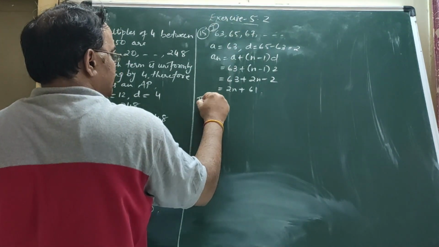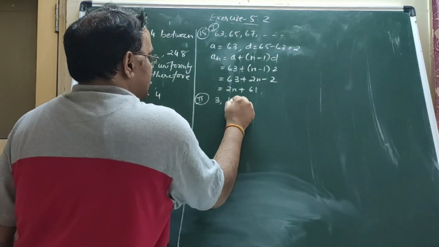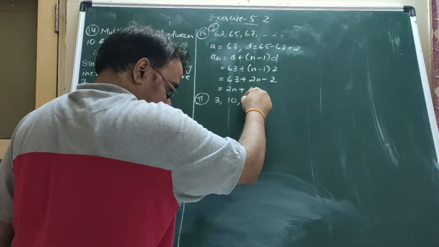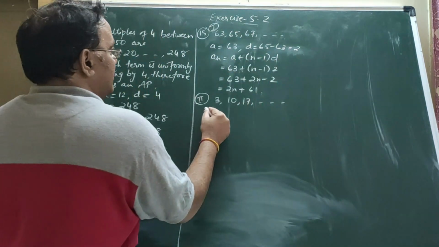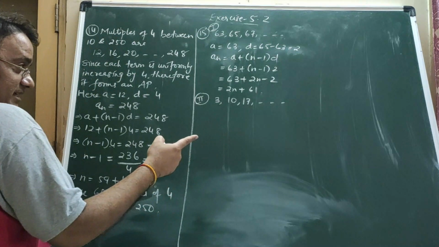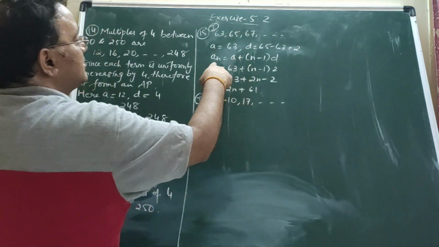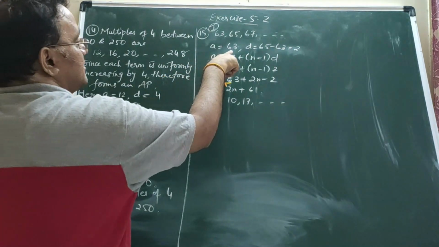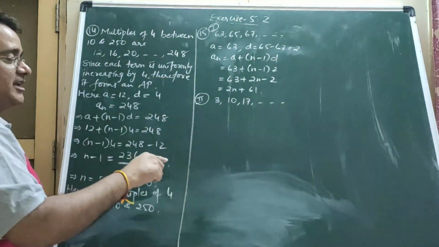And the second AP is 3, 10, 17, so on. So here now the second AP we can't use the same notation for the 2 AP in the same question.